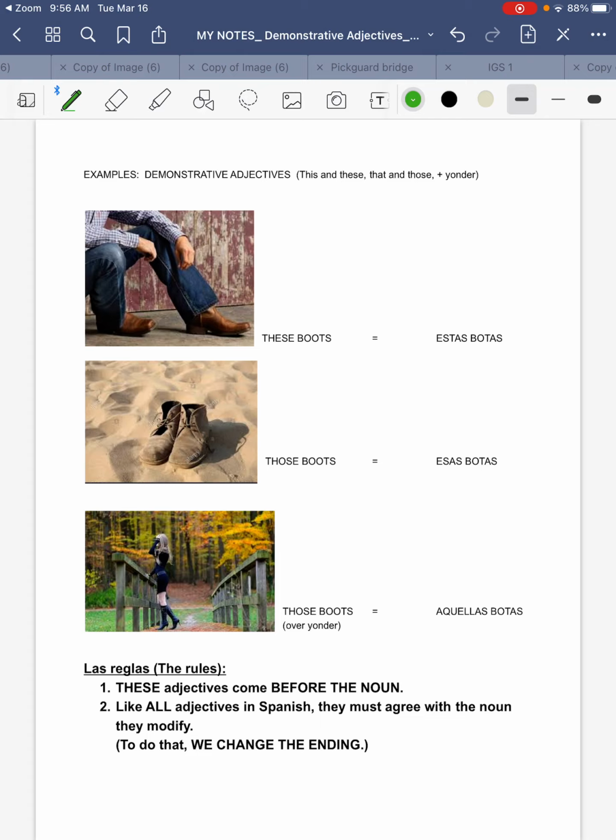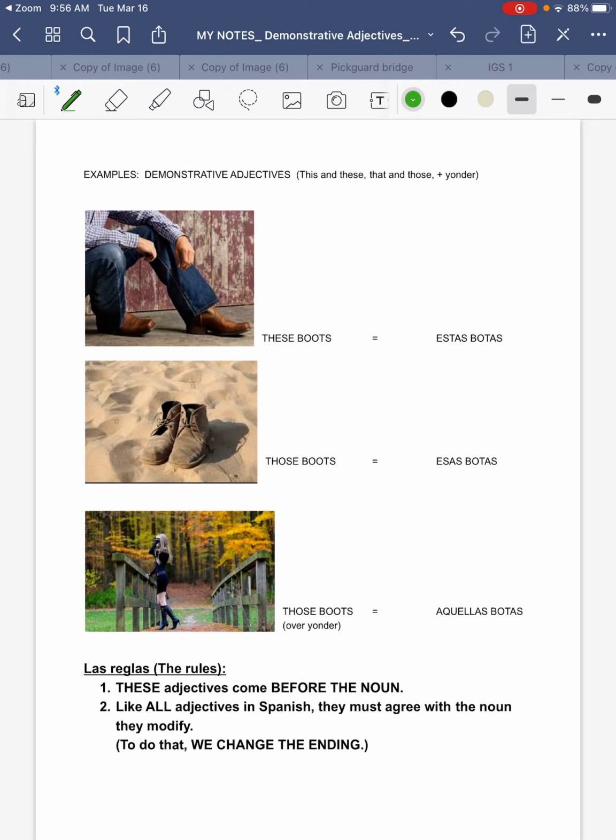All right, ladies and gentlemen, we're looking at the notes for demonstrative adjectives. A little demo in the classroom in English told us that these function really similarly in Spanish.